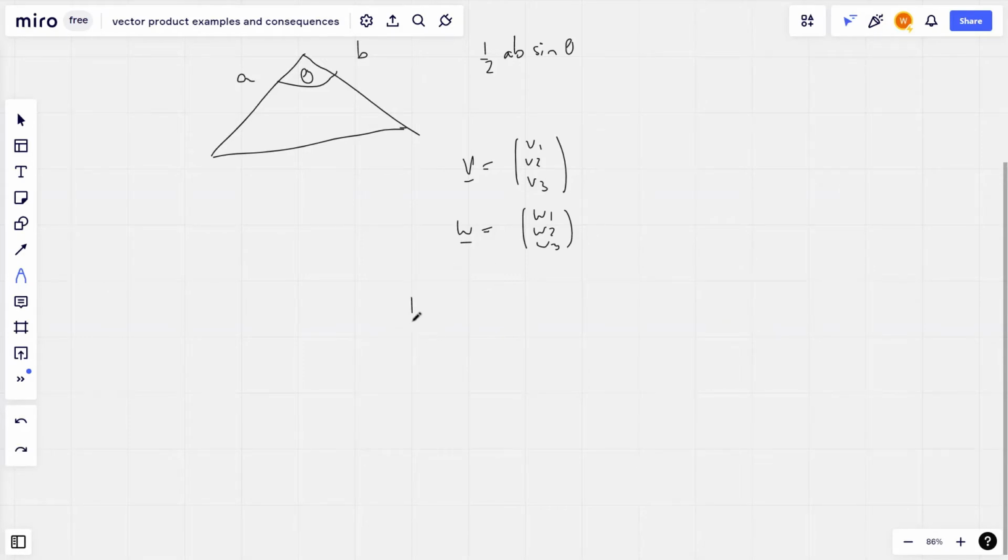So of course we need to find this, and we need to find this, and then we need to find the angle between them, so we have half of this. This is the area of the triangle if we have some vectors.